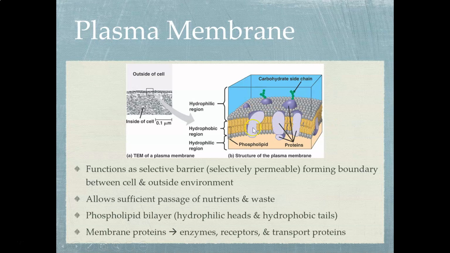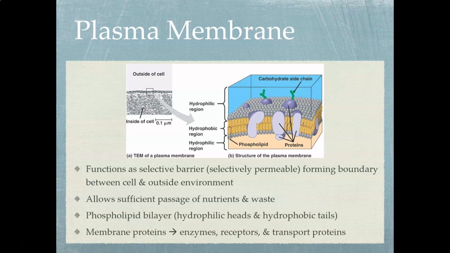One of the functions of those membrane proteins is to be transport proteins to allow certain things that wouldn't normally be able to pass straight through a complete lipid bilayer, water being an example, to get in. It's got to pass through proteins that shield it from those fatty acid tails and allow it to have a hydrophilic region all the way through.